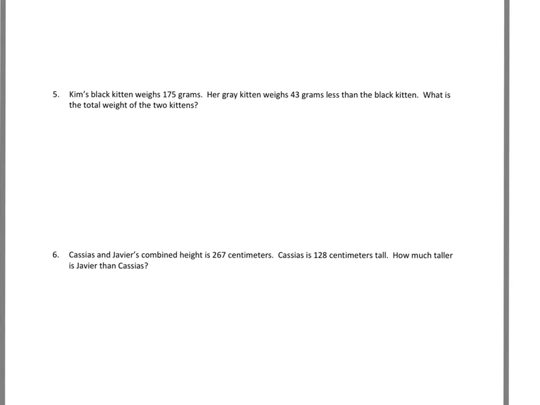And it says, Kim's black kitten weighs 175 grams. Her gray kitten weighs 43 grams less than the black kitten. What is the total weight of the 2 kittens? And I'll use W as my letter, and you can use whatever letter you want. And it's going to be W equals total weight.